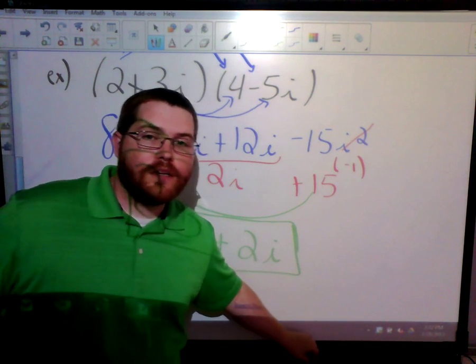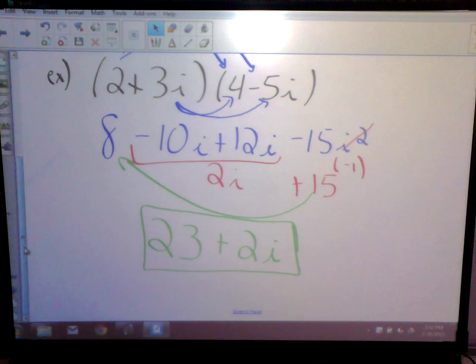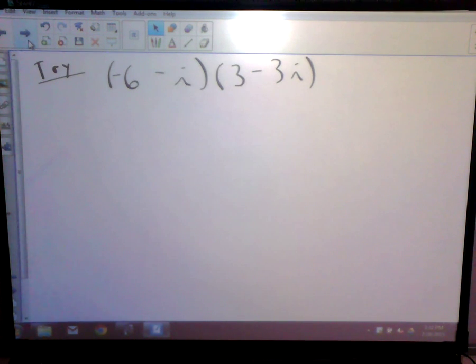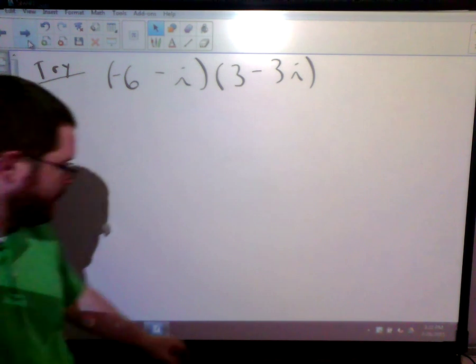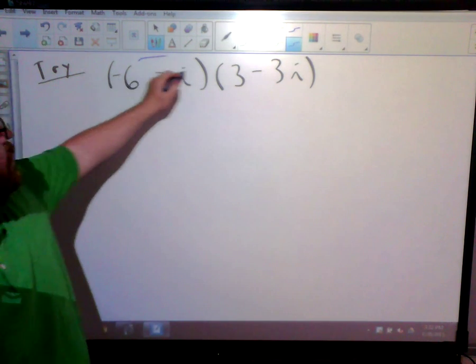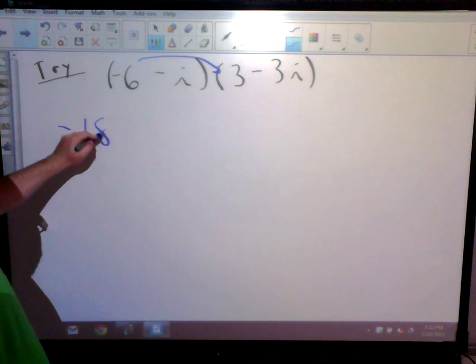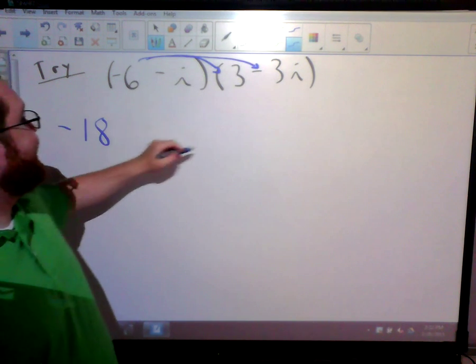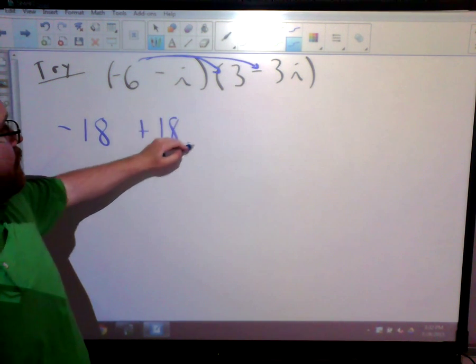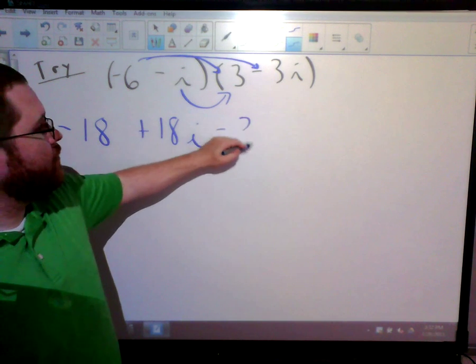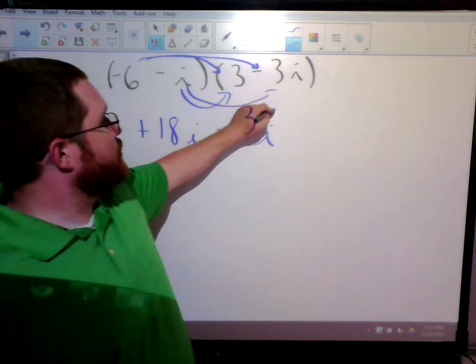Just distribute it out, combine your like terms. Let's try this one. That's going to be negative 18 plus 18i minus 3i plus 3i squared.